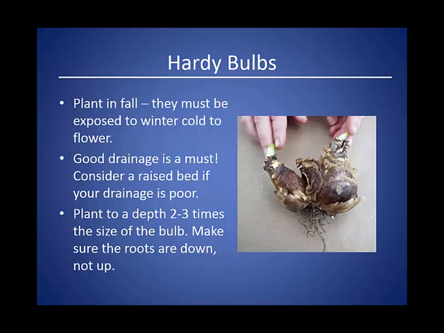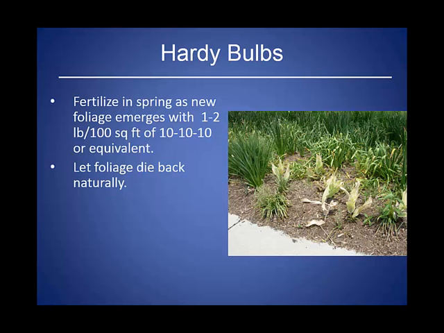And this may seem obvious to folks who have gardened, but if you're gardening with children or brand new gardeners, making sure they know which end is down and which end is up leads to better chances of success. So with these guys, you'd want to fertilize as the new foliage emerges in the spring. That way they have the ability to actually utilize that fertilizer for the short time that they're photosynthesizing.